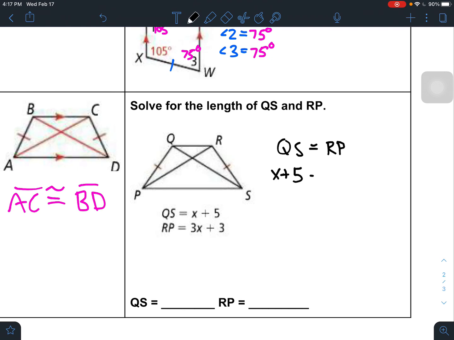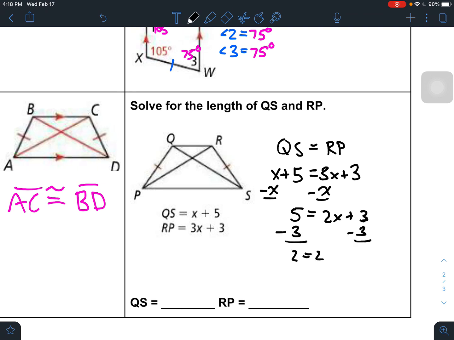X plus 5 equals 3x plus 3. Okay, so I got x equals 1.